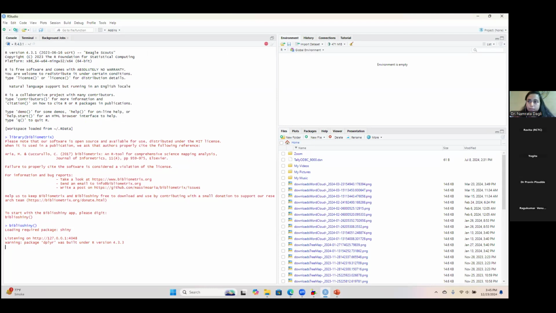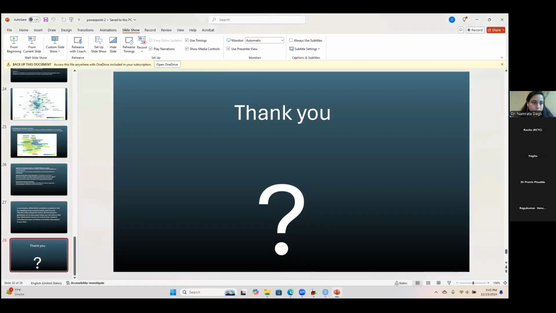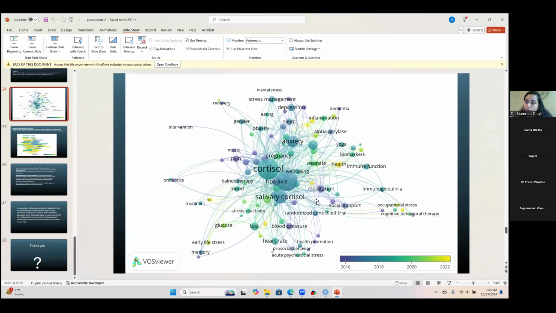Okay. How to identify research themes? The keywords itself show the research theme. So, see in this, these keywords are already showing research themes.